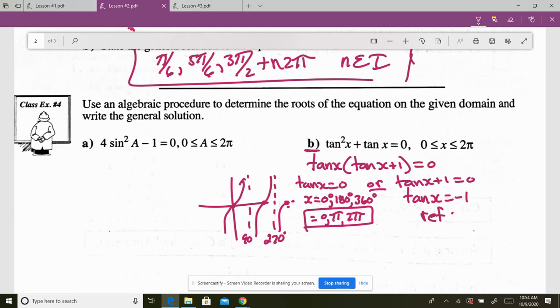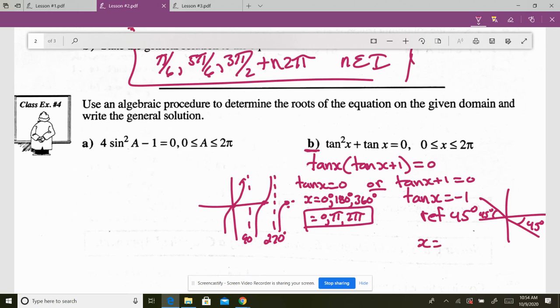What quads am I in? Where's tan negative? Two and 4. Yes. Boom. That's 45. That's 45.